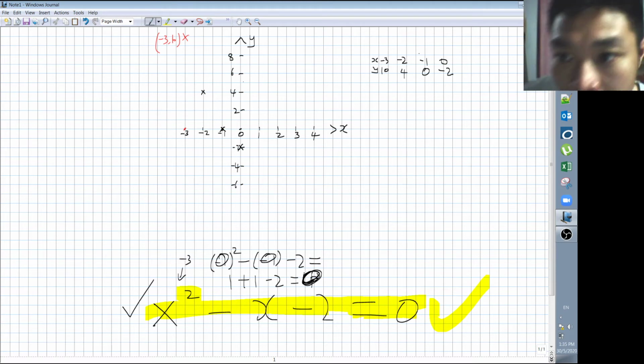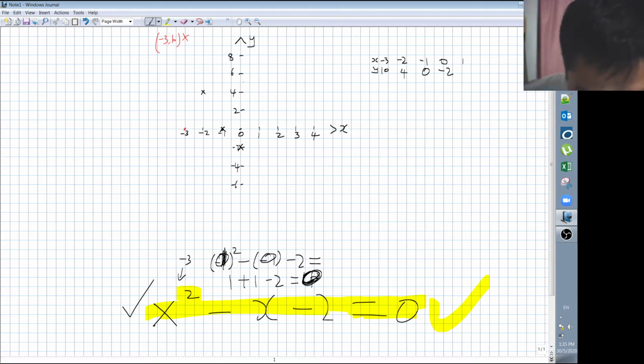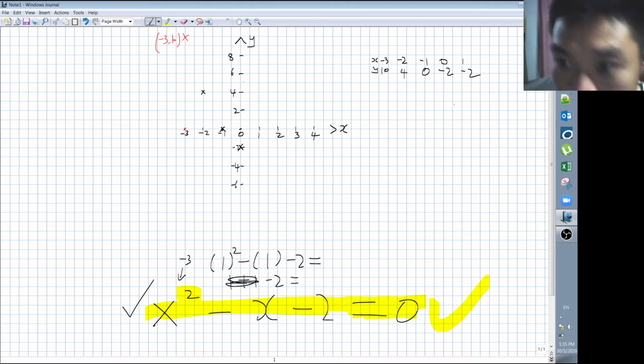And then of course you need to plot the positive side of the x-axis. So when it's 1, you key in your 1, and you're supposed to get minus 2. So 1 minus 1 is 0, so you end up with minus 2. Yes, so 1 is minus 2.